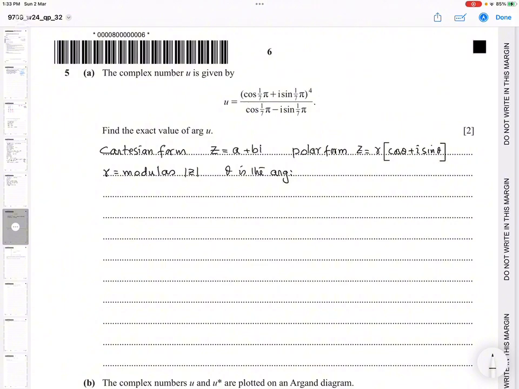Let me show you. u equals cos 1 over 7 pi plus i sine 1 over 7 pi over, I will multiply both with negatives, cos minus 1 over 7 pi plus i sine negative 1 over 7 pi.